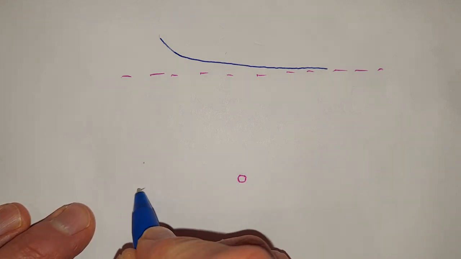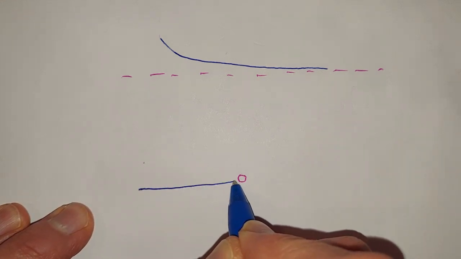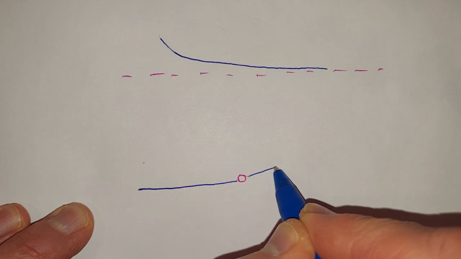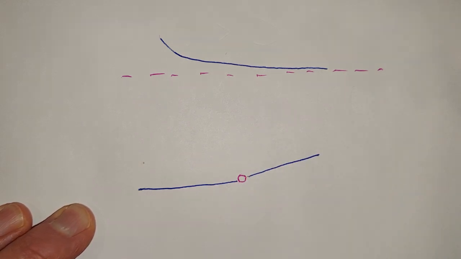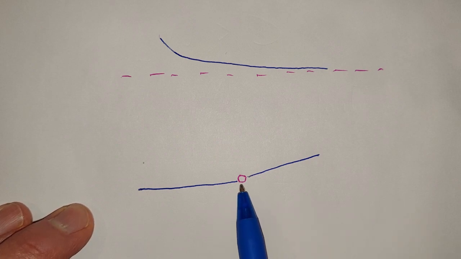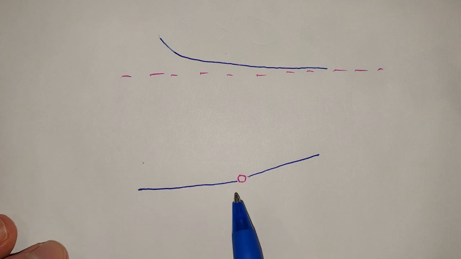The graph comes up to it and appears to go through it. In other words, it doesn't stay on one side or the other. But it just skips over it. Kind of the same way if you were walking along and there was a hole, you would skip over it. You wouldn't step in it. That point there, that hole, is where the function does not exist.